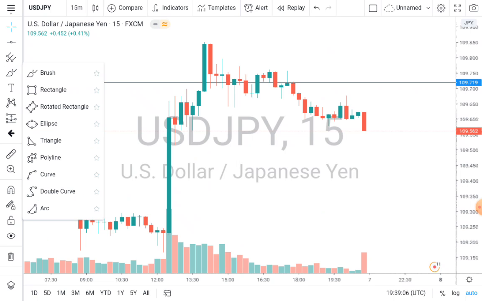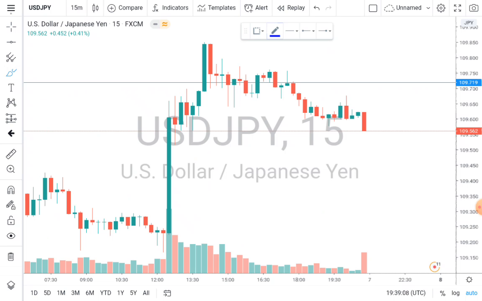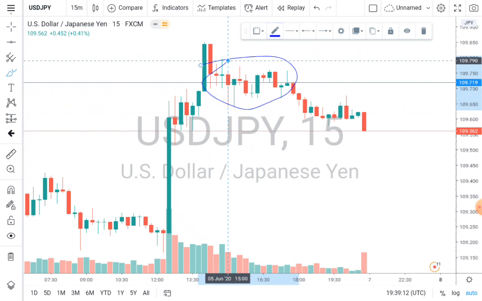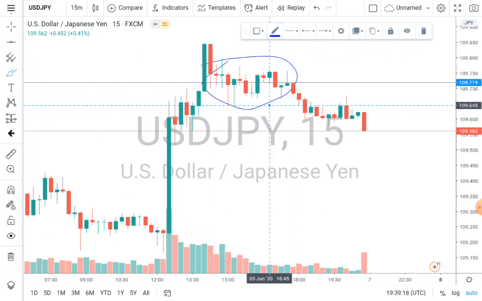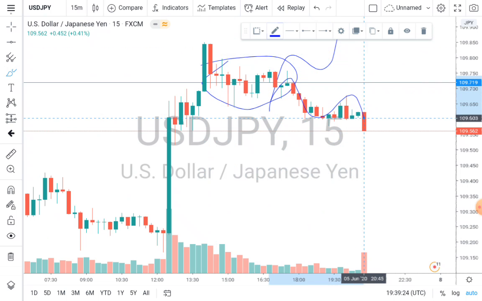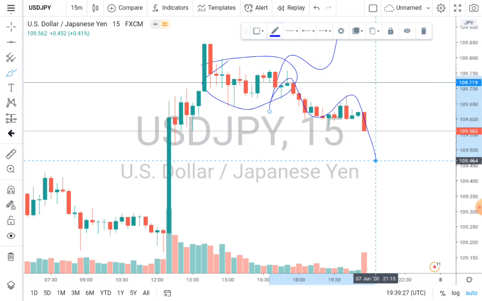You see this phase? This is what we call a consolidation phase. When the market consolidates, it means anything can happen here. It can be a continuation or a reversal. Understand? What we see is that it was consolidating for a reversal.